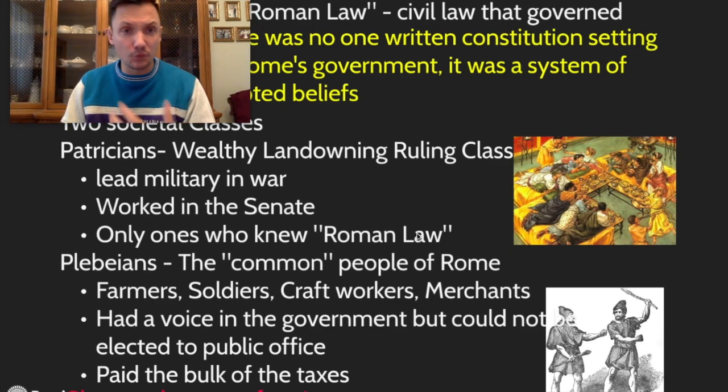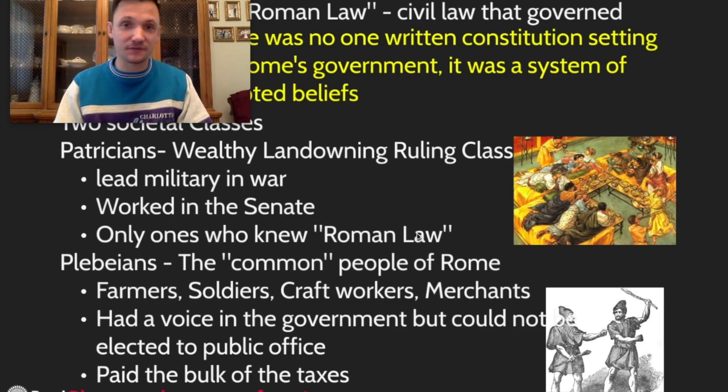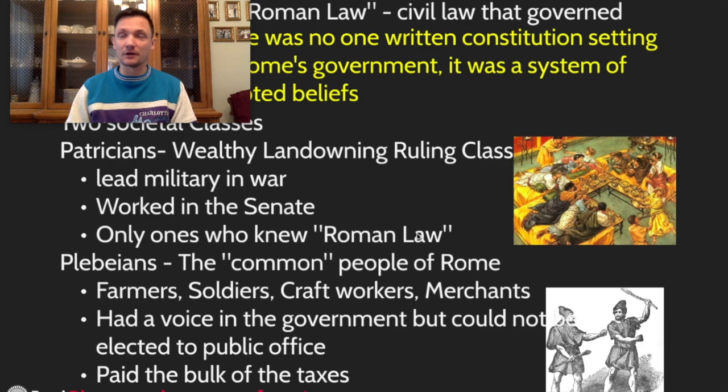For example, when the Romans finally took over Macedonia and Greece after the Hellenistic Empire fell, one of the really interesting things was that when they enslaved the Greeks, they brought them into their homes and used them as teachers and tutors for their children. So that's a really interesting thing. And sometimes slaves would begin to adopt the lifestyle of the family they were with and actually believe that they were a part of it, right?